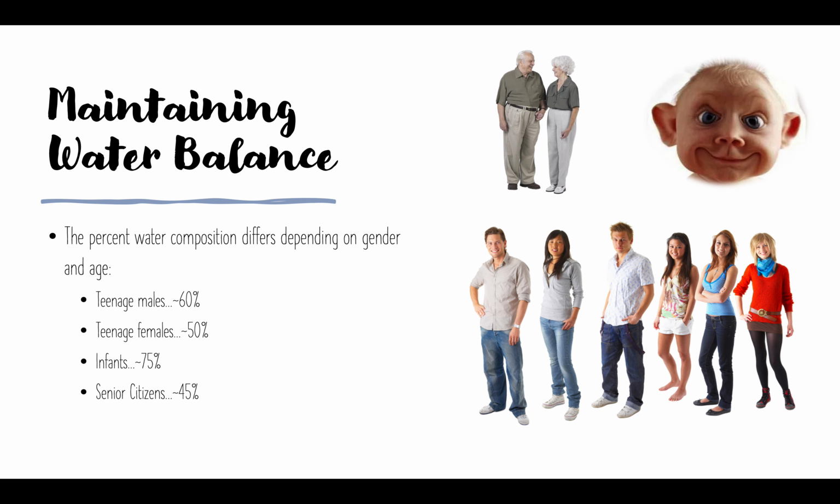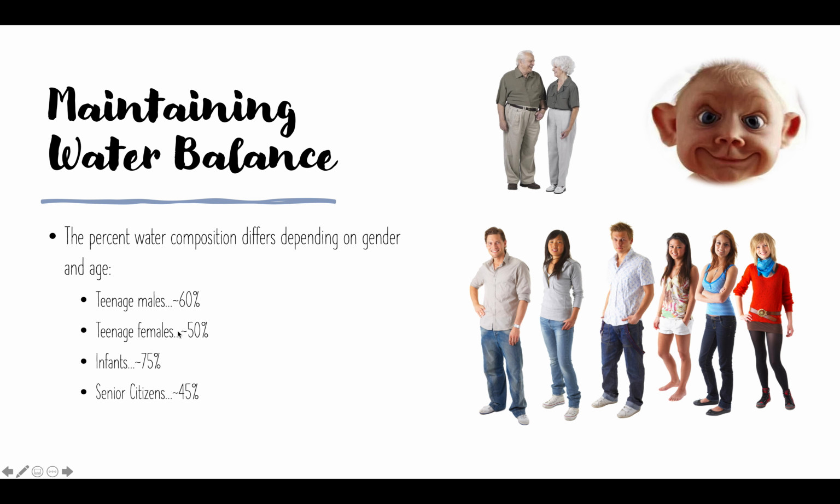It is important to note that depending on age, gender, and so on and so forth, we urinate more or less, we retain more or less water, and that's for all sorts of different reasons. So teenage adolescent males have 60% water for their body. Females have only about 50%, and there's a bunch of reasons for this.